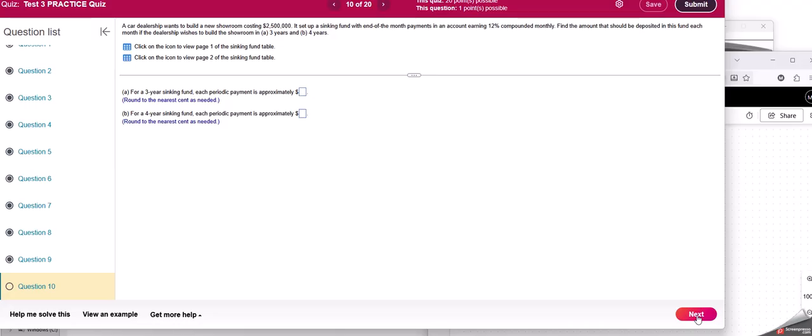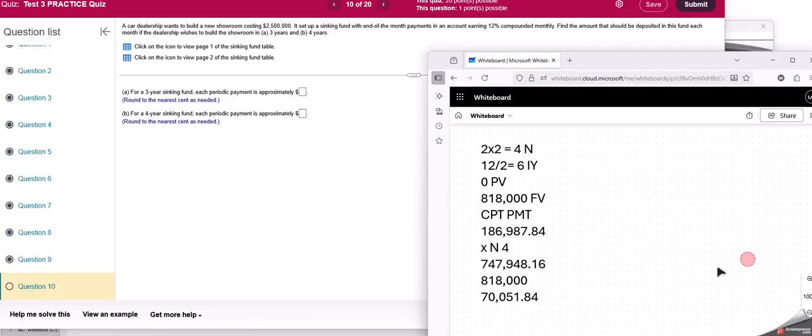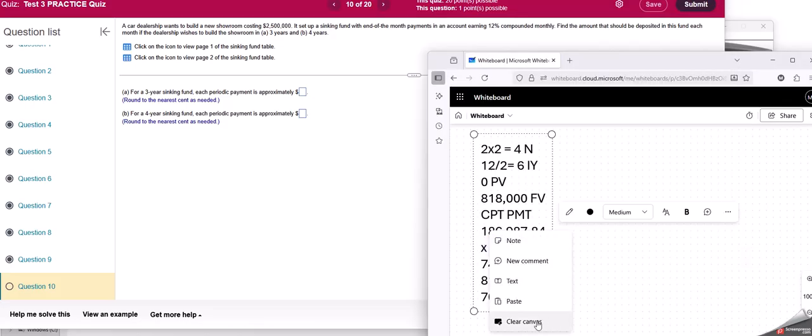And then another sinking fund: the dealership wants to build a new showroom for $2,500,000. It set up a sinking fund with end of the month payments in an account earning 12% compounded monthly. Find the amount that should be deposited in this fund each month if the dealer wishes to build the showroom in 3 years or 5 years.